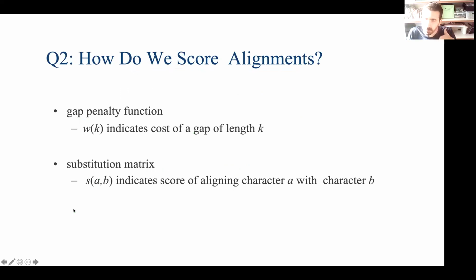One is a gap penalty function, because you have to give some penalty scores to gaps, because if you don't, then there will be all gaps. It will be three letters and three letters there, and each letter will correspond to a gap. So this is not alignment, right? You just place them consecutively. So that's why we have to have a penalty function for gaps.